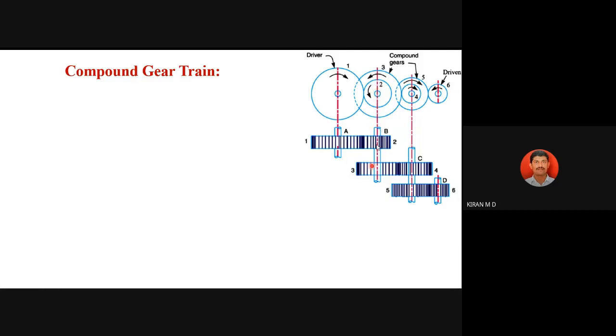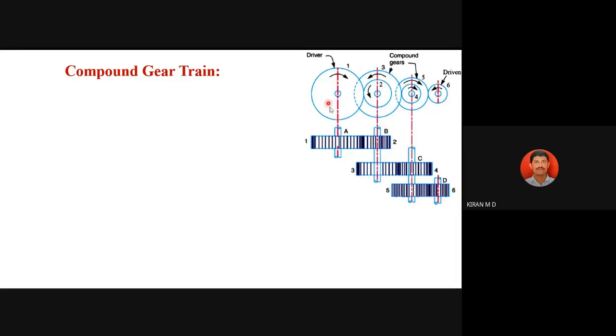This is shaft A, shaft B, shaft C, shaft D. We need to transmit the power from shaft A to shaft D. When we transmit this power from A to D, we have the intermediate gears on shaft B and shaft C. Two gears are mounted on shaft B, and shaft C also consists of two gears.